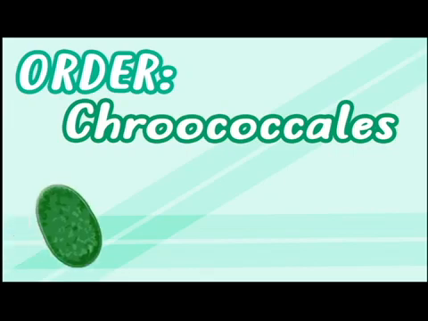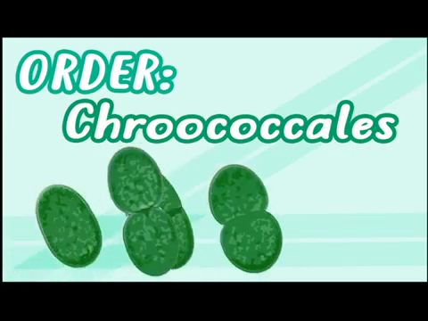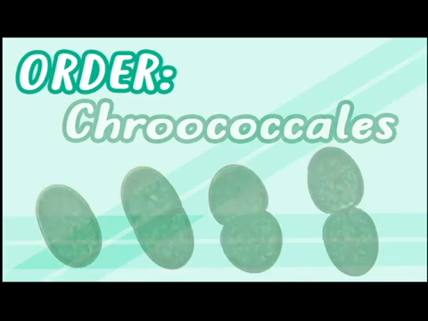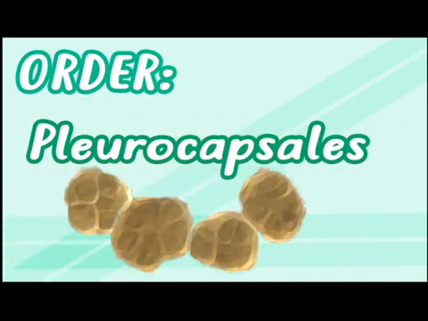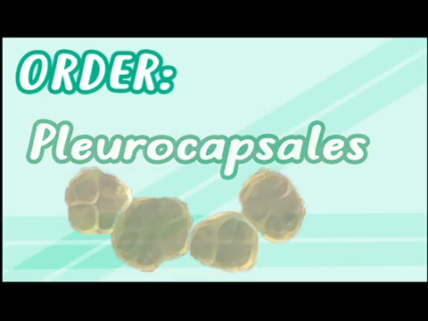Cyanobacteria are traditionally grouped based on their body forms under these 5 orders. Order Chroococcales: solitary cells, aggregations, and colonies not reproducing by spores. Order Pleurocapsales: solitary cells, aggregations, and short filaments reproducing by spores.